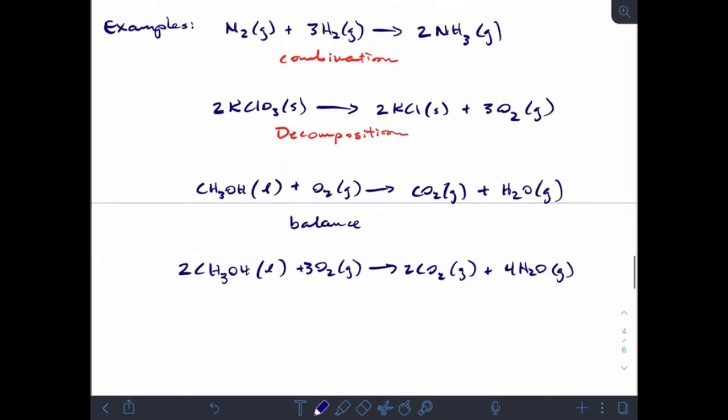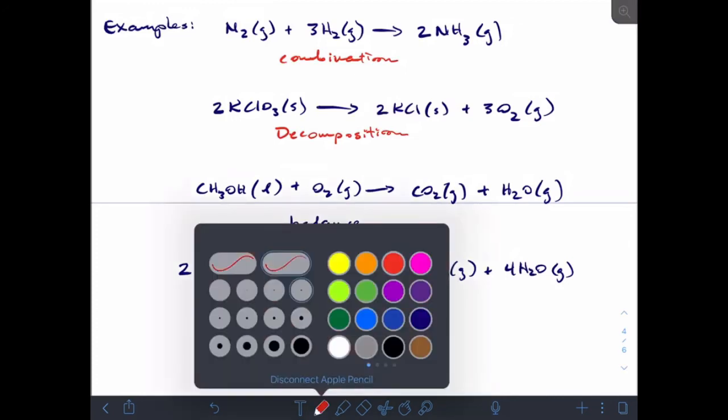Taking a look at what we have here, we have something reacting with oxygen. Whenever you have a component reacting with O2 gas, we have a combustion reaction.